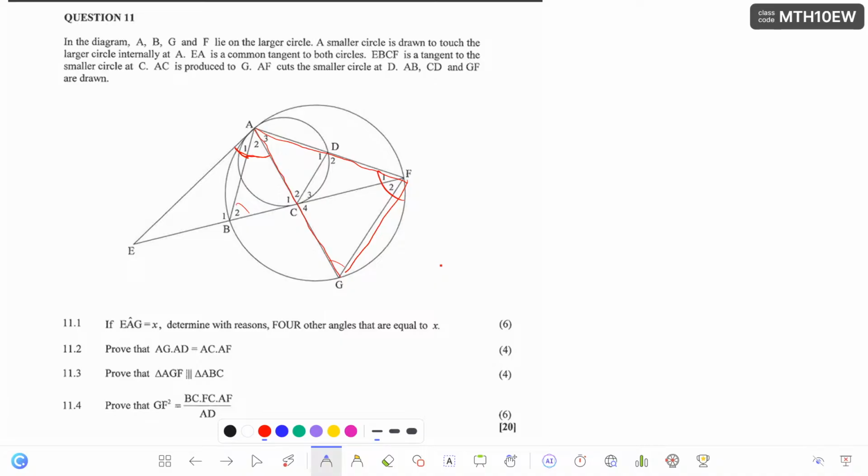Angle in here, seems the angle tan chord theorem. Yes, it's the tan chord theorem.